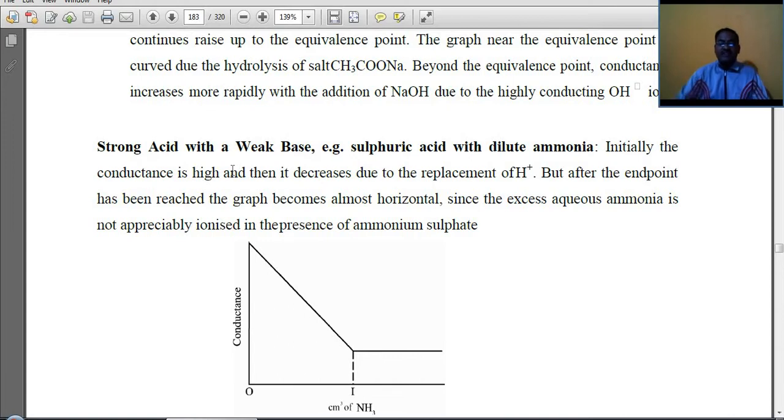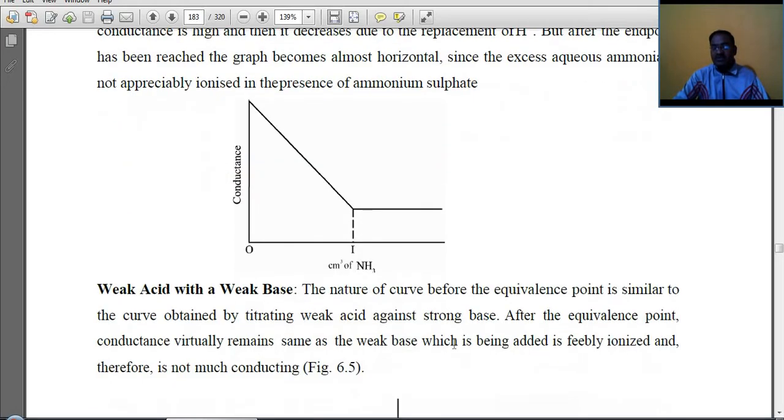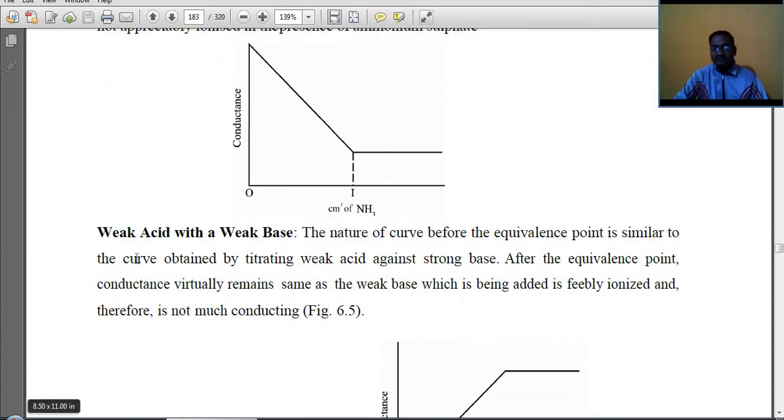Initially the conductance is high. Just look at the graph. Then it decreases due to replacement of H plus ions. But after the endpoint has been reached, the graph becomes almost horizontal, since the excess aqueous ammonia is not appreciably ionized in the presence of ammonium sulfate.